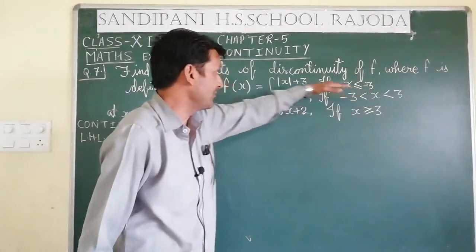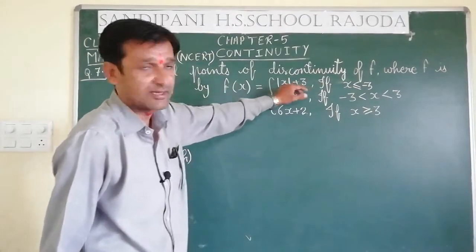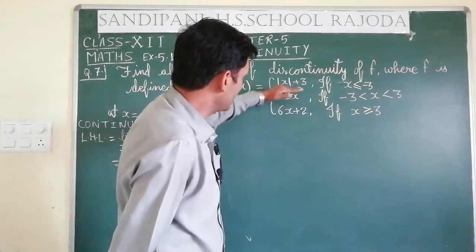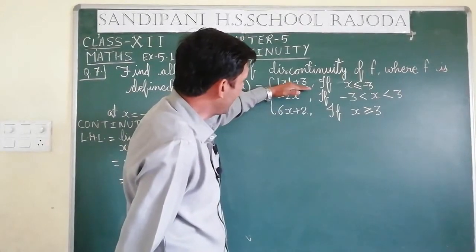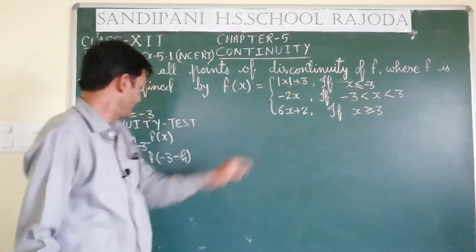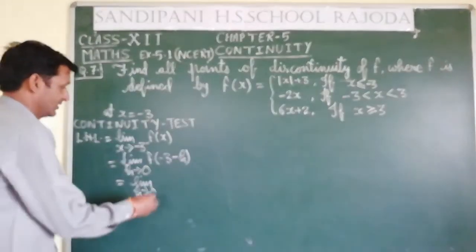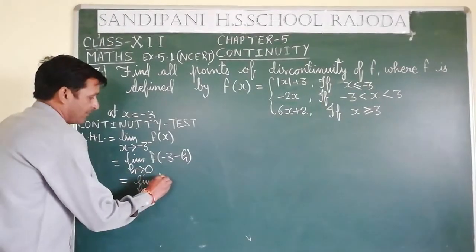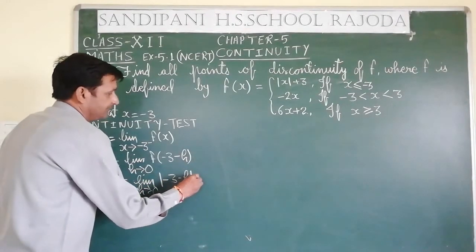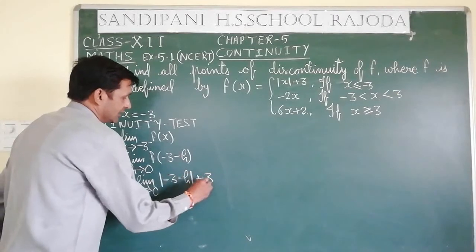Our minus 3 minus part means the LHL part is this, because less than minus 3 is only LHL. That is why we have to put the value of x in this part. So in place of x we are writing minus 3 minus h, so it will be mod of minus 3 minus h plus 3.